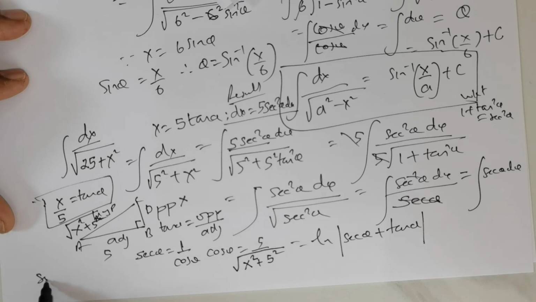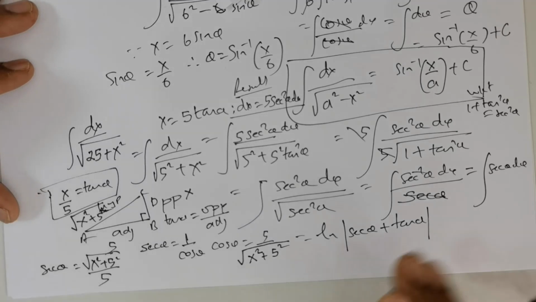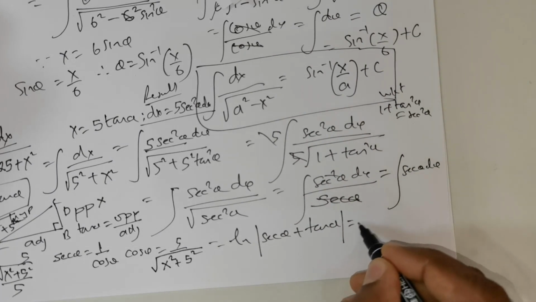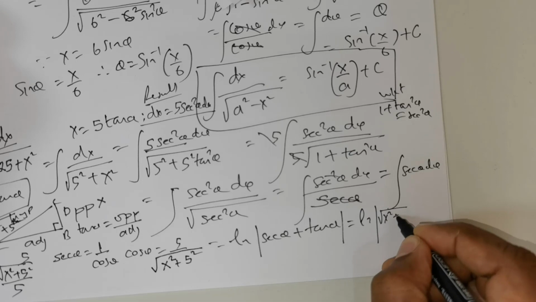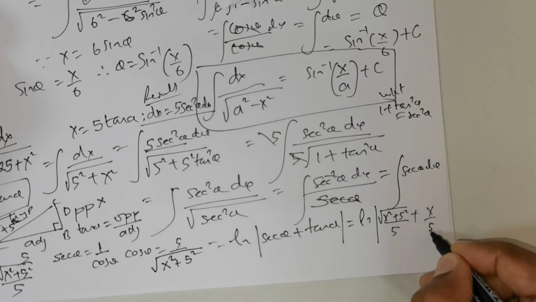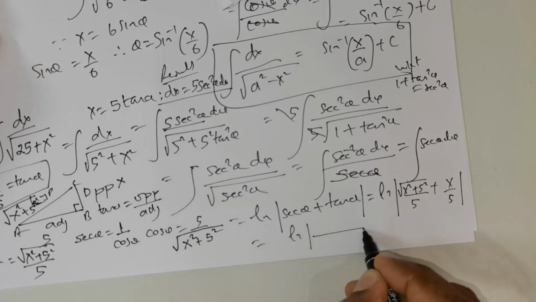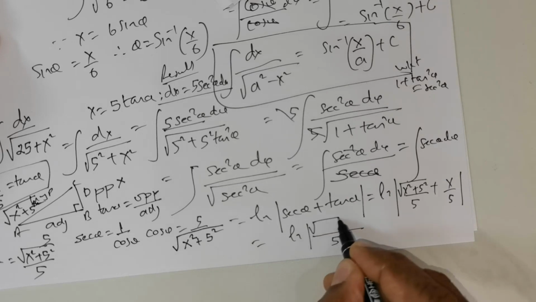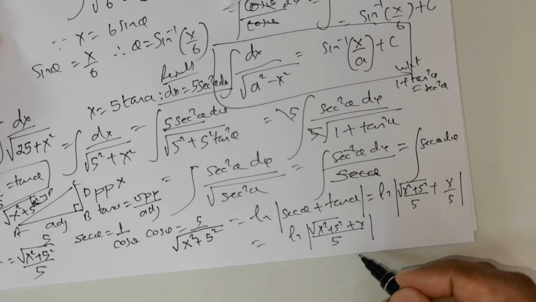So therefore secant theta is going to be square root of x squared plus 5 squared divided by 5. So go up over here and substitute this. So this is going to be ln modulus of square root of x squared plus 5 squared divided by 5 plus tan theta, which is x over 5, modulus. This is ln of, the denominator is 5, so it's going to be root of x squared plus 5 squared plus x, all over 5. So this is what we have got.